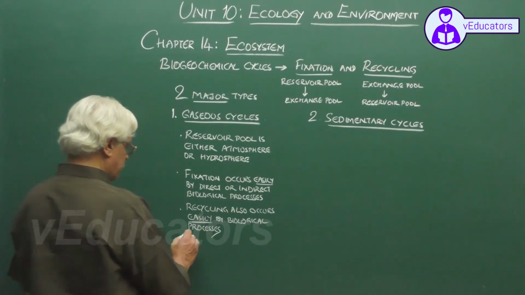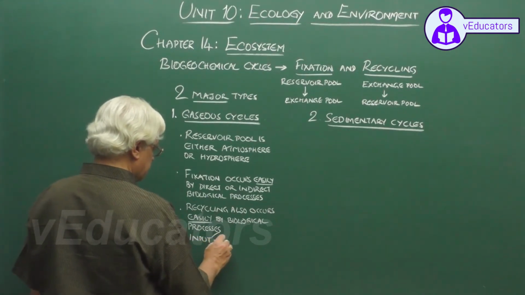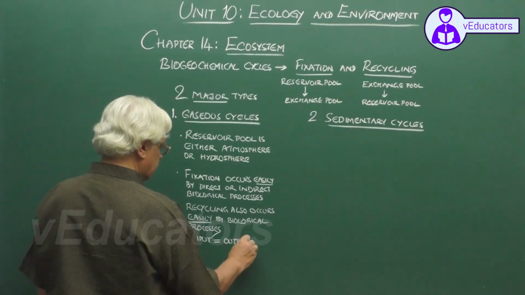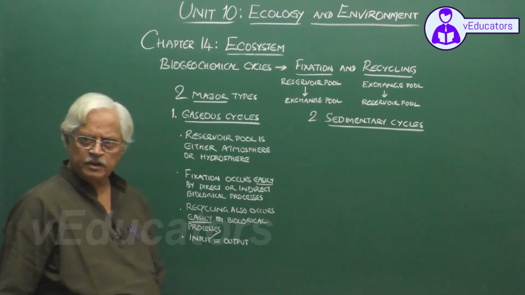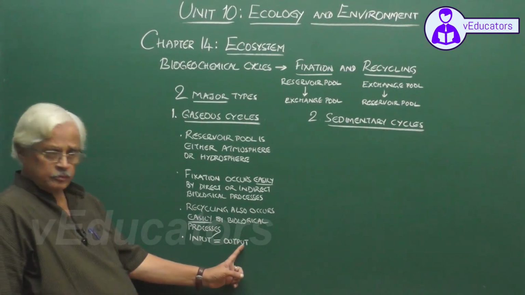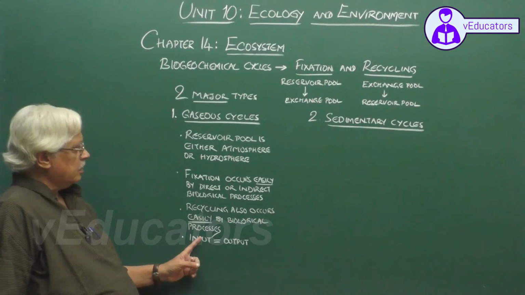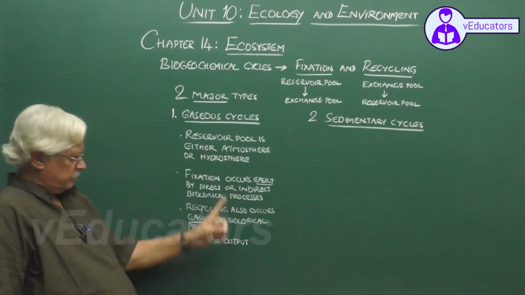Therefore, in such ecosystems, one can find a balance between input and output. Input refers to the amount of nutrient entering the exchange pool from the reservoir pool.